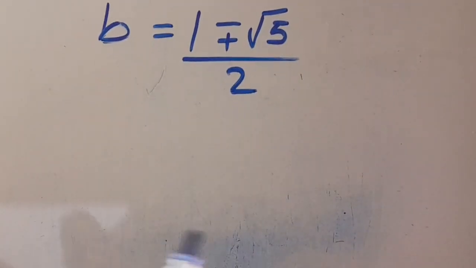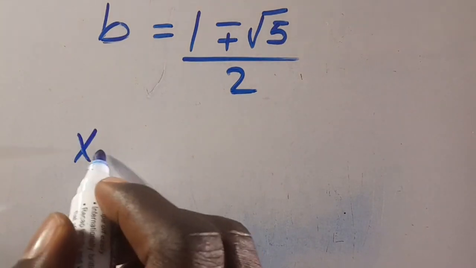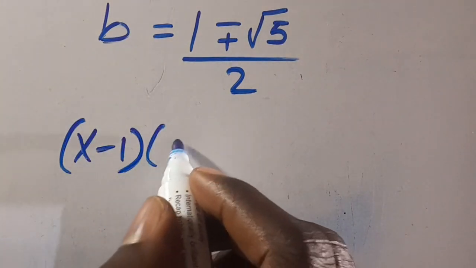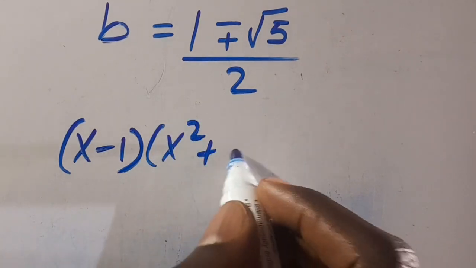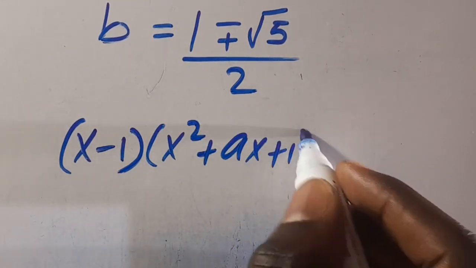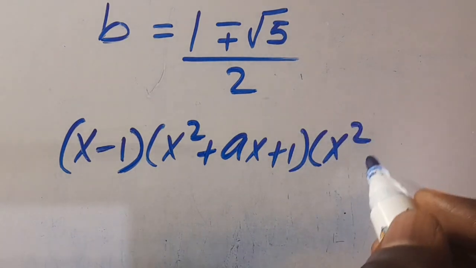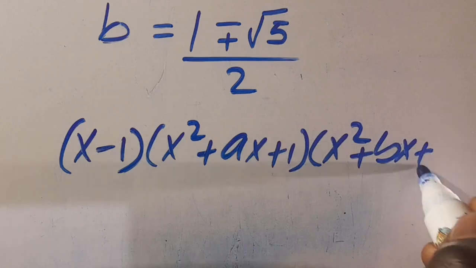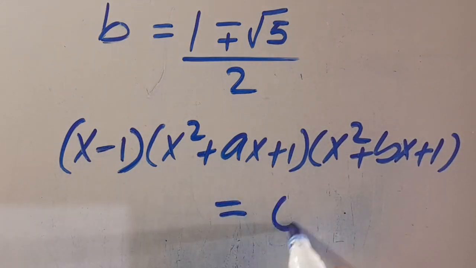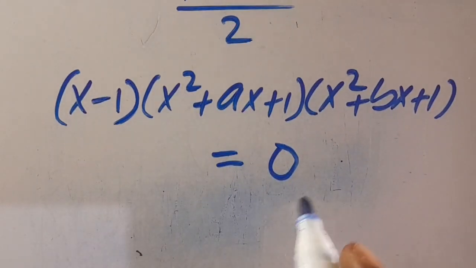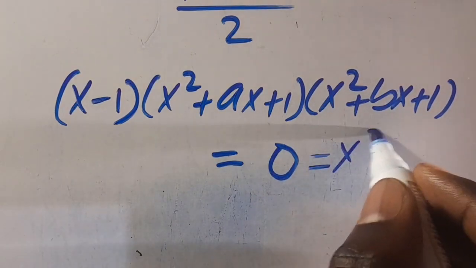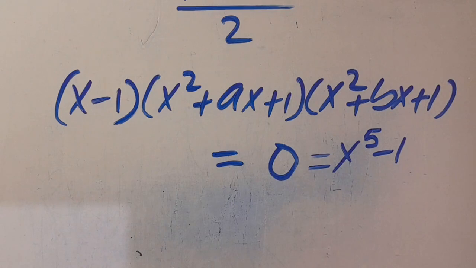Now when we recall that we have x minus 1 multiplied by x squared plus ax plus 1 multiplied by x squared plus bx plus 1 to be equals 0, you know that this equals x to the power of 5 minus 1.